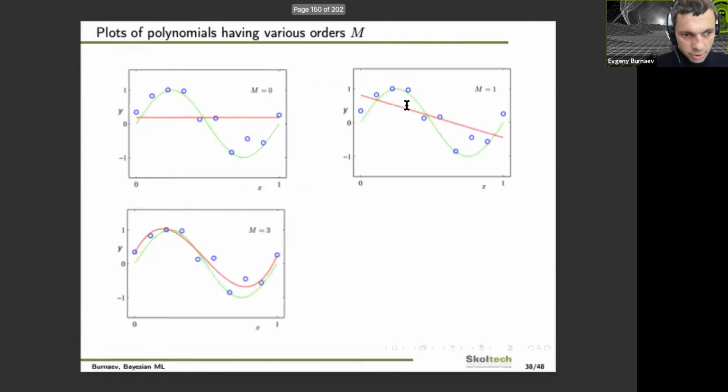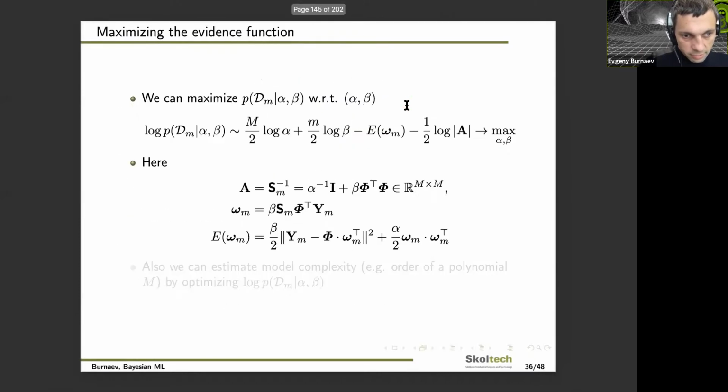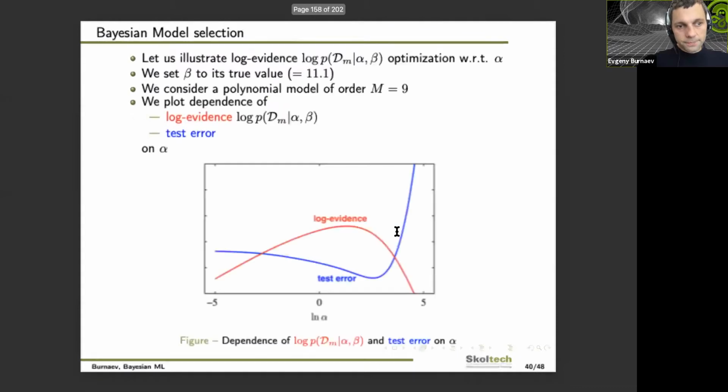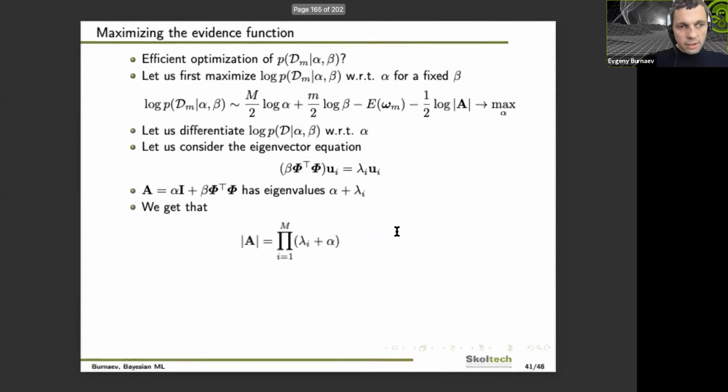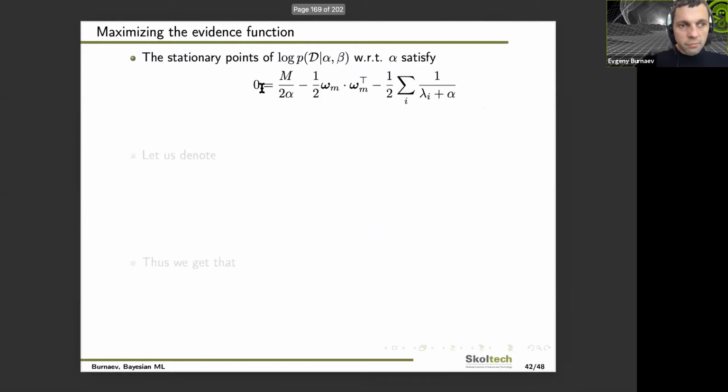Let me remind you how this function looks. It is given by this expression, and so only this term depends on alpha. And so what we get, this is the derivative, a very simple derivative.